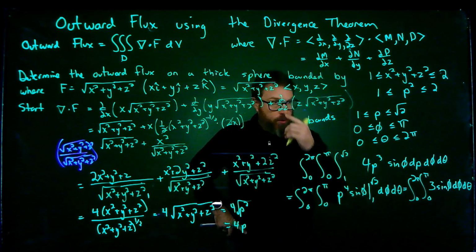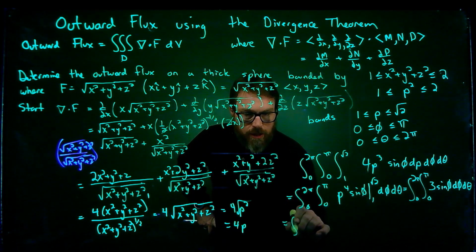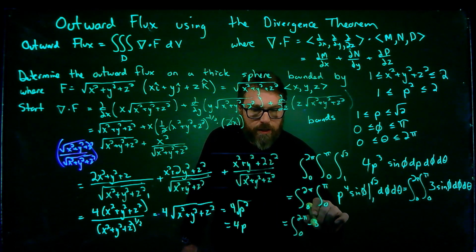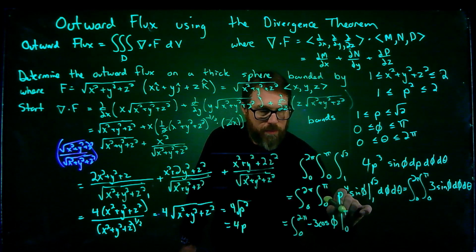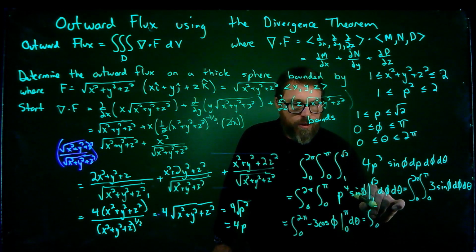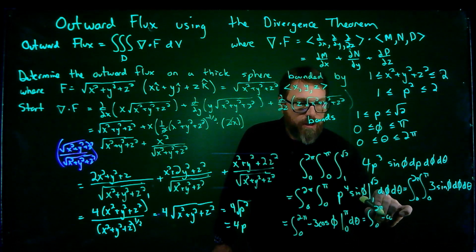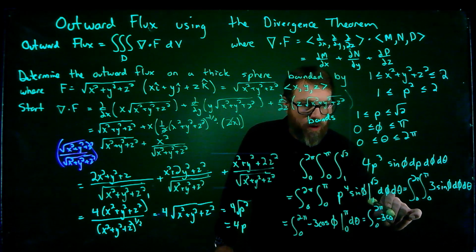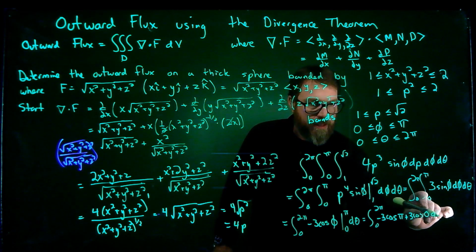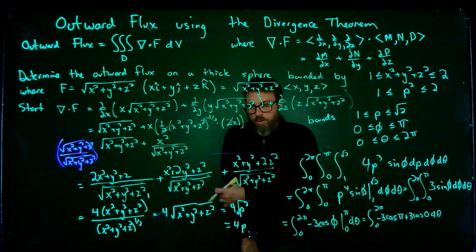Okay, and then now I have to integrate that sine function, so this is going to be the integral from 0 to 2 pi of minus 3 cosine phi evaluated from 0 to pi d theta. So cosine of pi minus minus 3 cosine of 0.